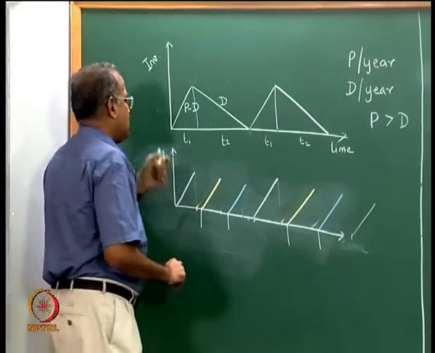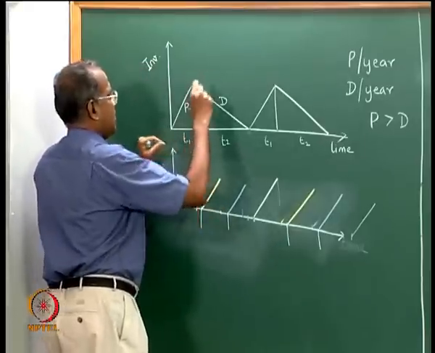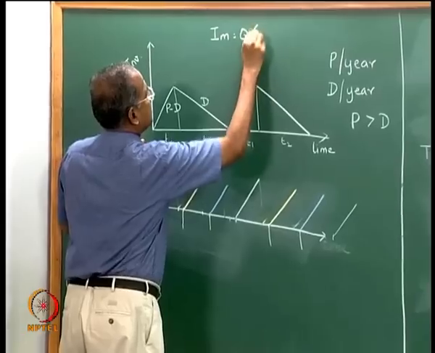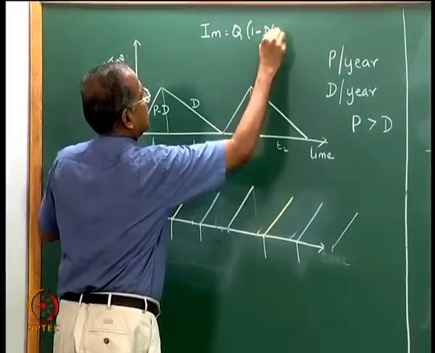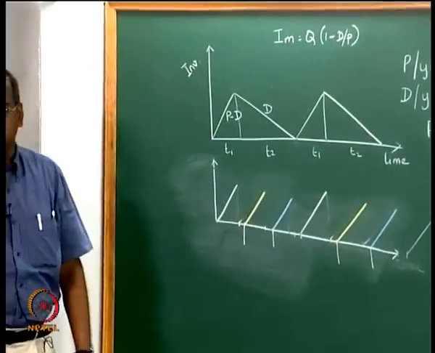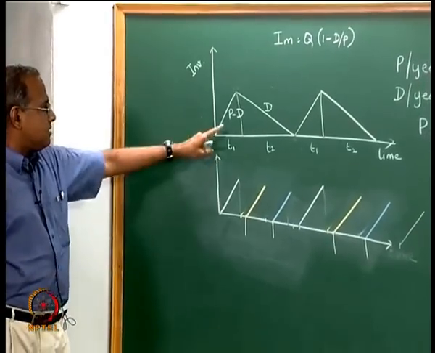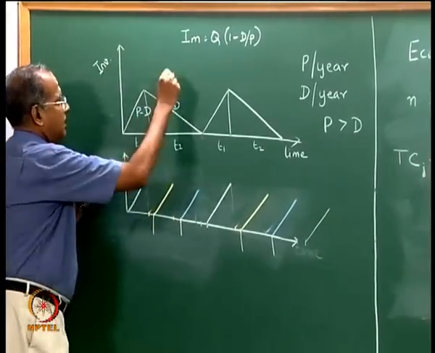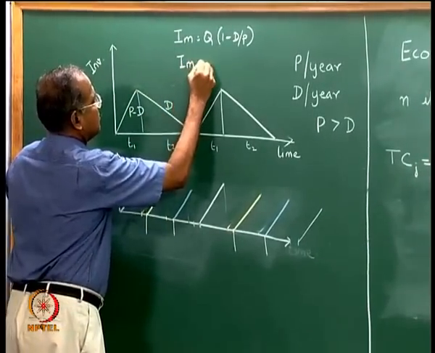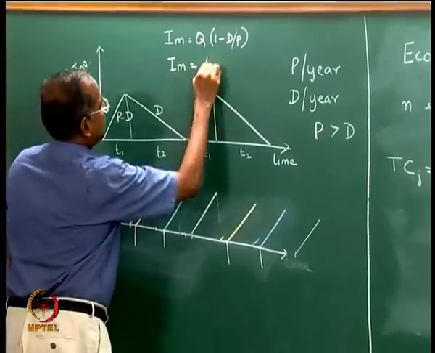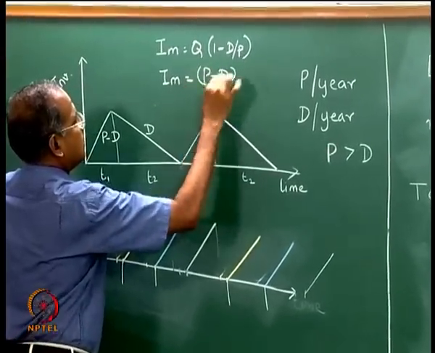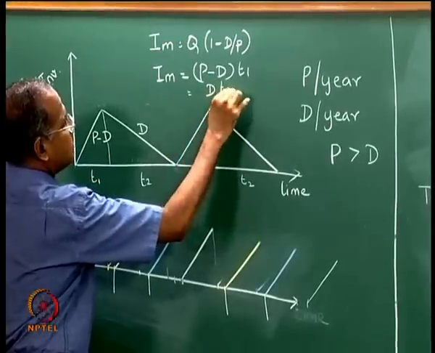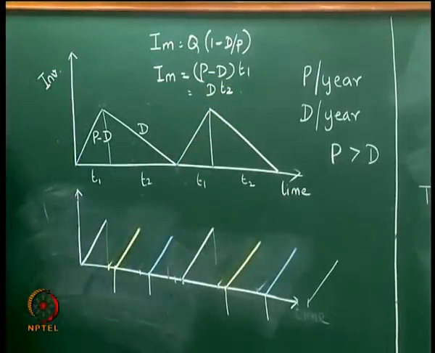So, from here we also know that Im is equal to Q into 1 minus D by P, because Im is equal to P minus D into T1, which is here, which is equal to D into T2 that we have here.